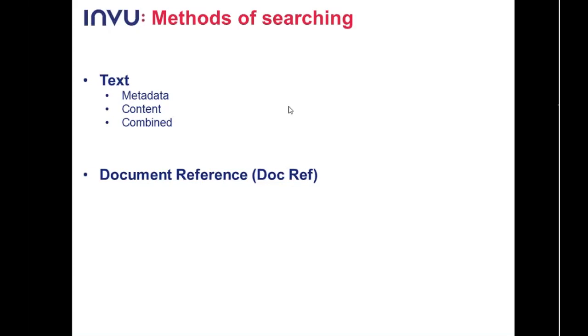You've probably seen the options in Series 6, but you've probably not really known what they mean or what they do, because a lot of common questions that we get at Invu on support are, what does the stemming function do, what do synonyms do, and things like that. So I'll go into a bit more detail throughout the WebEx when I cover those off.